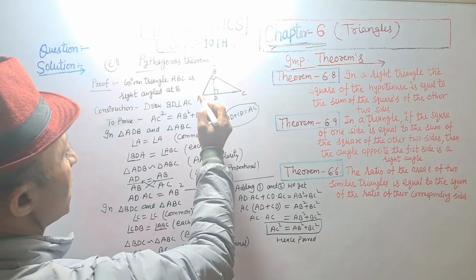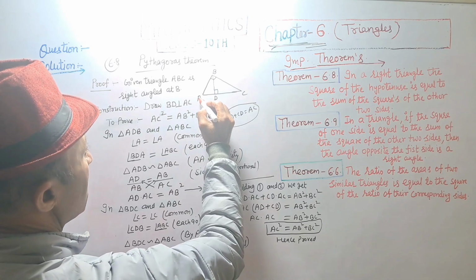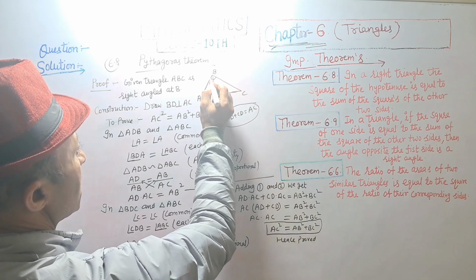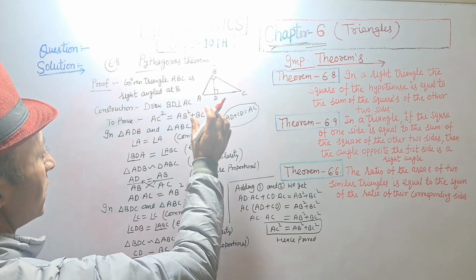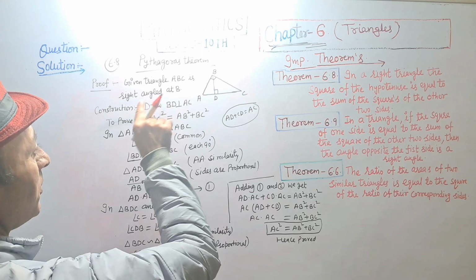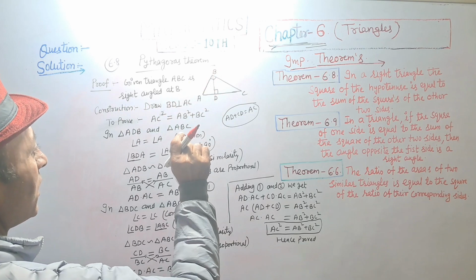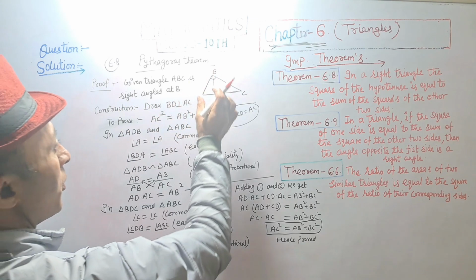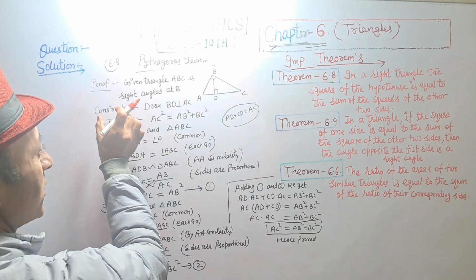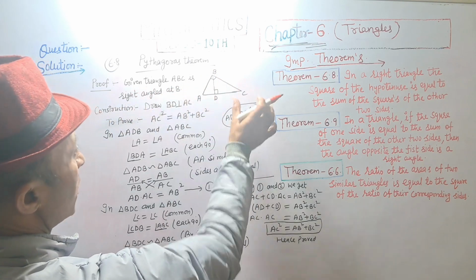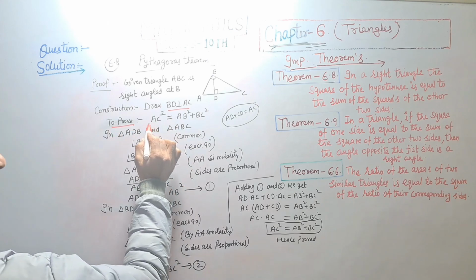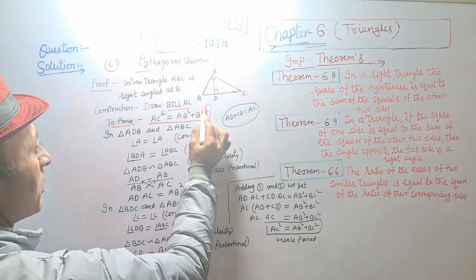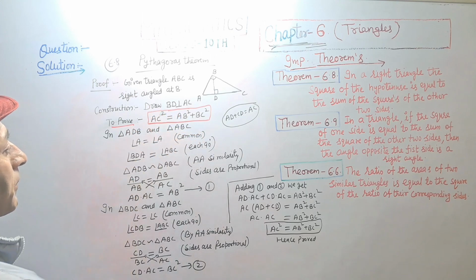Pythagoras theorem. We draw a triangle ABC, angle B is right angled. Given triangle ABC is right angled at B, and we draw BD. We construct BD perpendicular to AC, and to prove AC square is equal to AB square plus BC square.